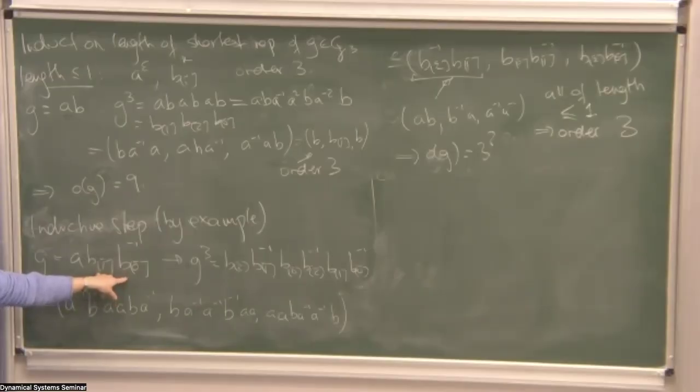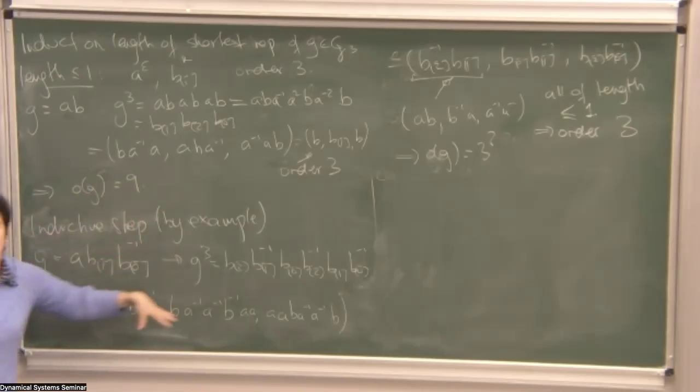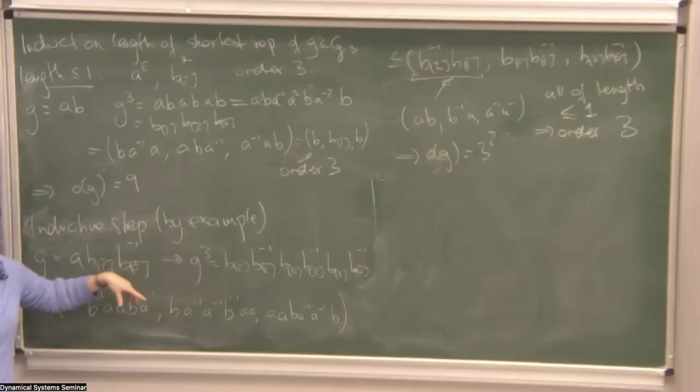Why? Because B1 contributes a B to this position, but I'm going to have B1, but also B2 and B0 coming from this because I've cubed it. I've conjugated it by all the powers of A. So this B is going to contribute the B that it has to each of the positions. And the same is true for all the other B's in my word.